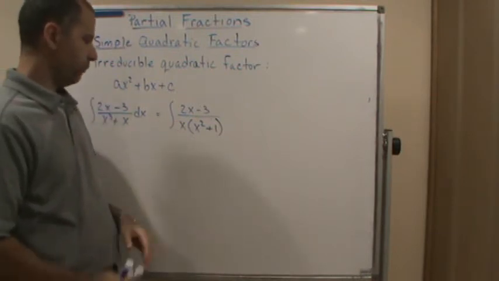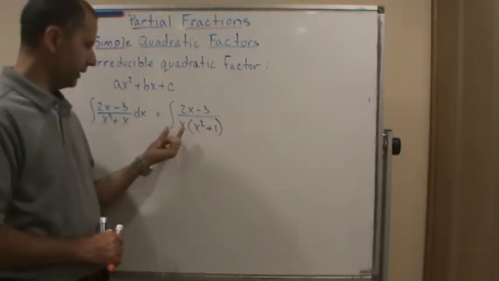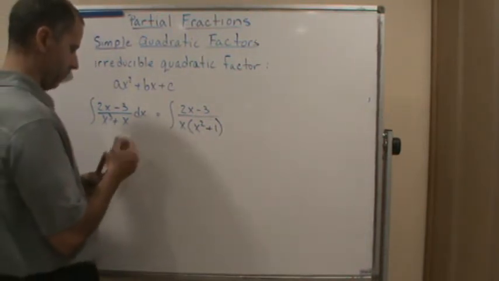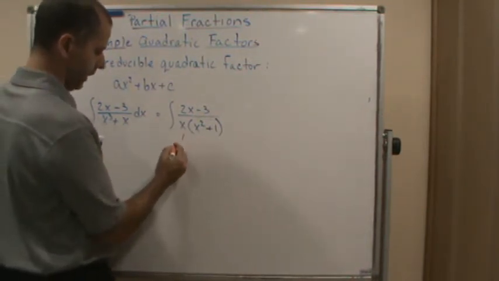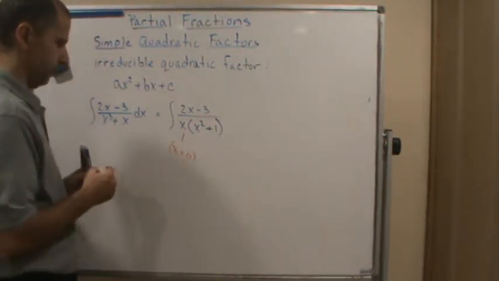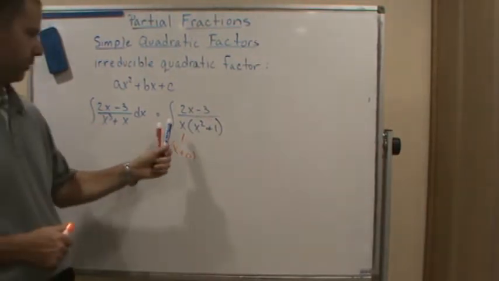So what do we have? We've got a linear factor, this x. Remember, this is the same as x plus 0. So don't think that this is quadratic.